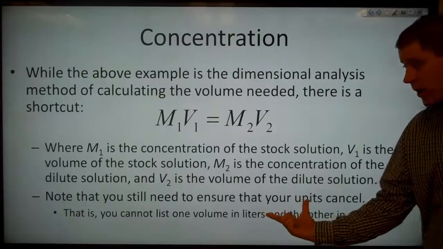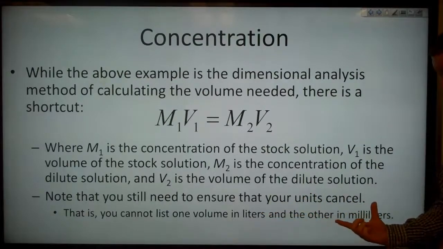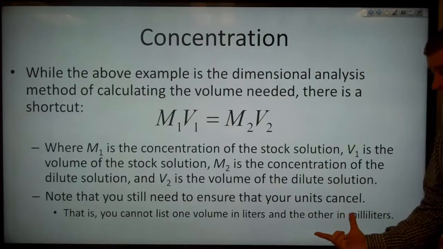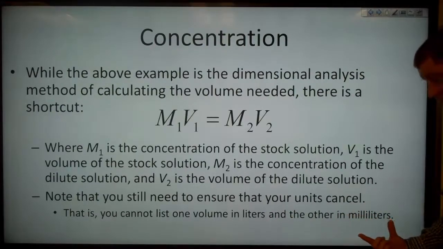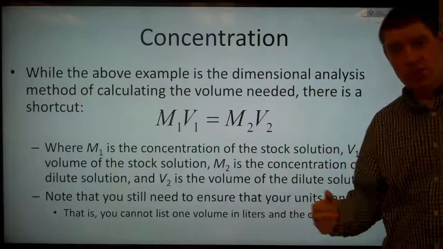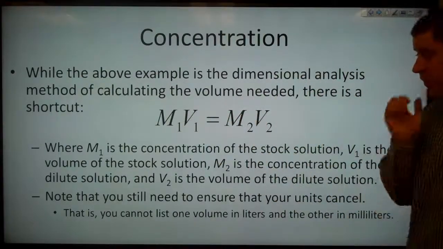So note that you still need to ensure that your units are canceling correctly here. You can't list one volume in liters and the other volume in milliliters, or concentrations in millimolar and the other in molar.